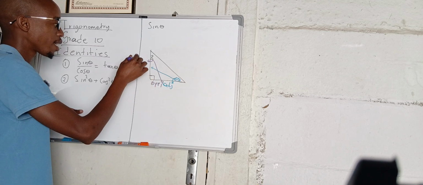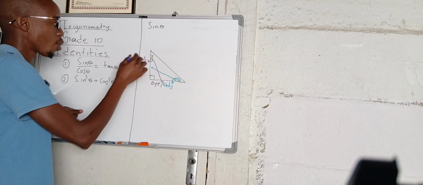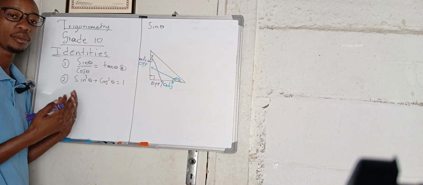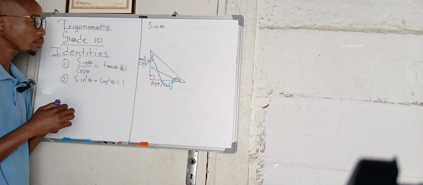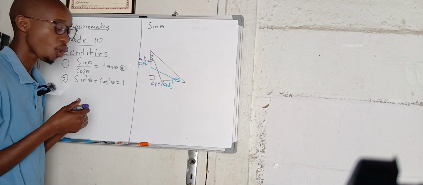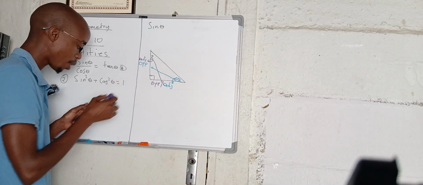And the side opposite to theta is adjacent to beta. We need to get to know these concepts, or rather how to label our right angle triangle. And as you can see, how do you see your hypotenuse? You will be taking this line.